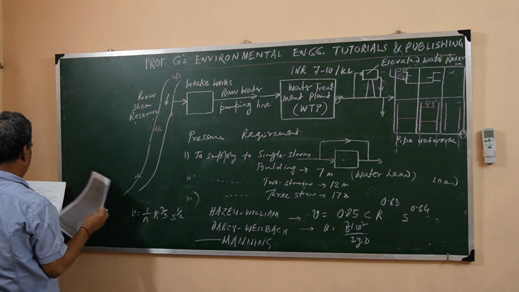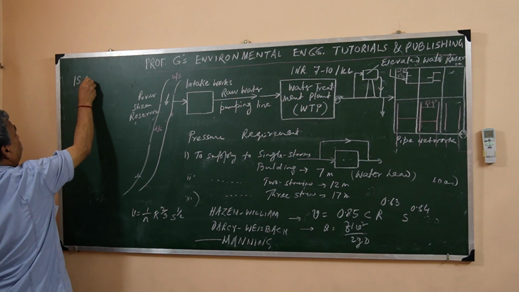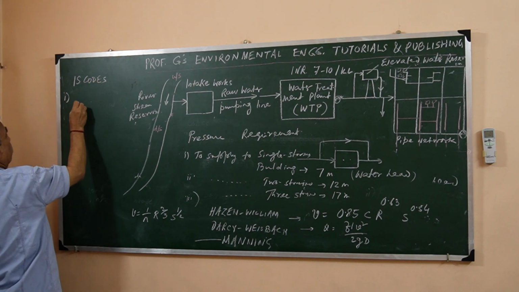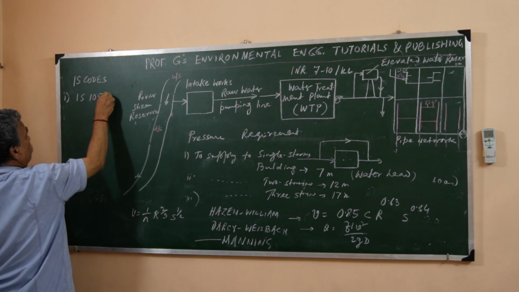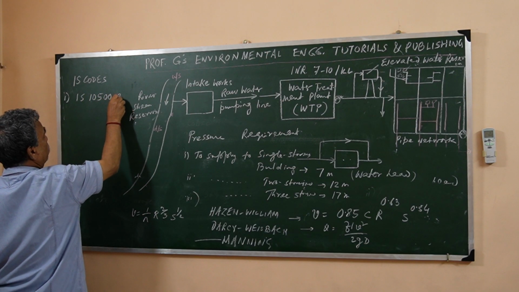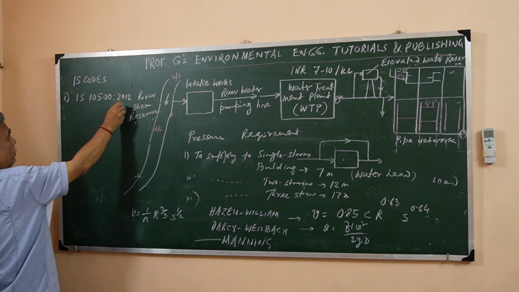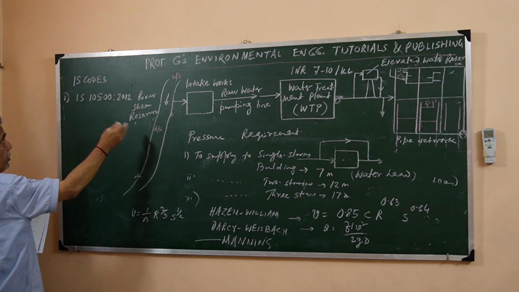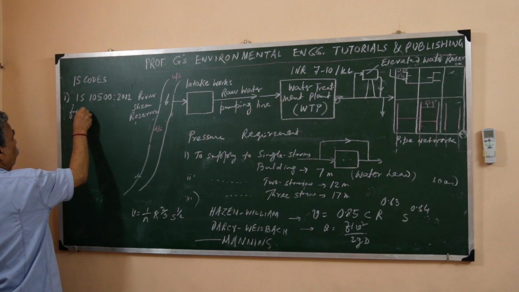So first is the drinking water IS code. Number 1 is the IS 10500 and year is 2012 or so. This is the latest, I suppose, but if you happen to see a later version of that, you can download this one. This is for drinking water standard.